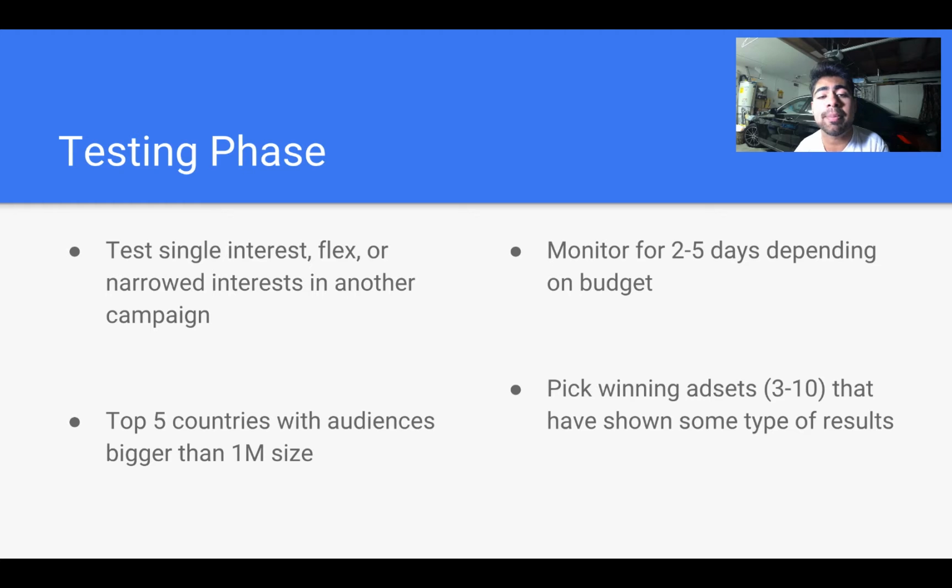A CBO is a campaign optimized at the campaign level instead of the ad set level, meaning normally you would put the budget at the ad set level, meaning you would have a budget for each ad set. Some ad sets would have a $10 per day budget while others would have $25. But with the CBO, you get to choose a budget at the campaign level and then put several different ad sets within that campaign.